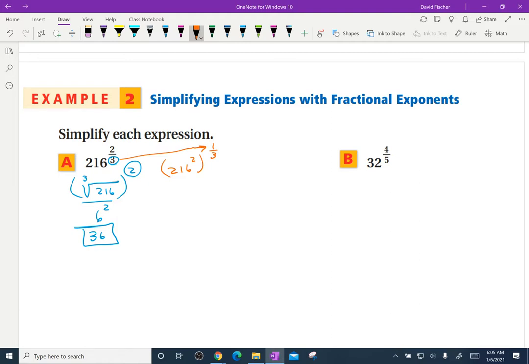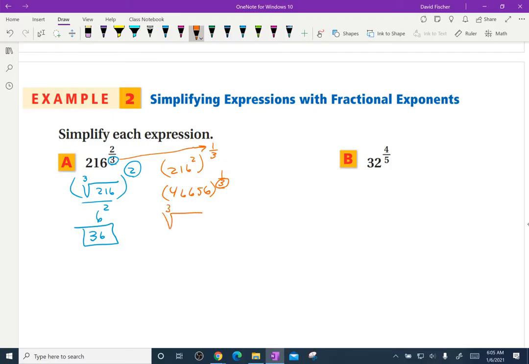So now 216 squared is a big number, 46656. But now I want that to the 1/3 root. Well, we learned in example 1, this is my root.